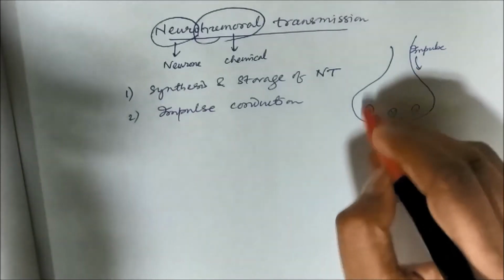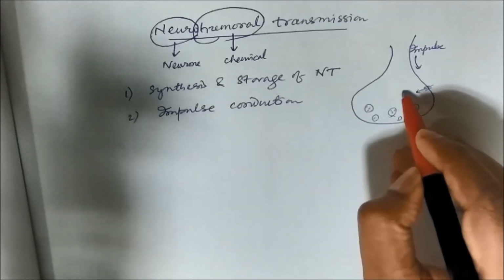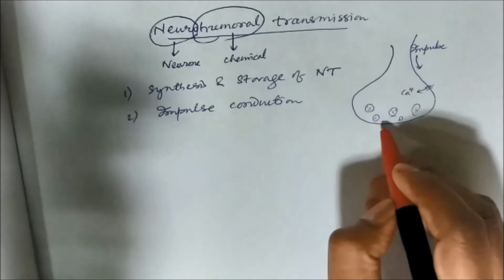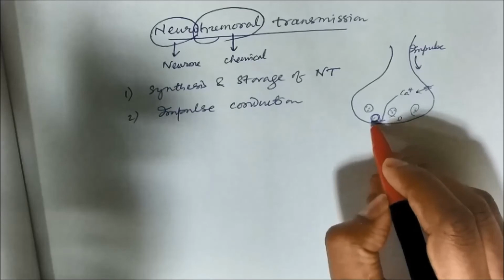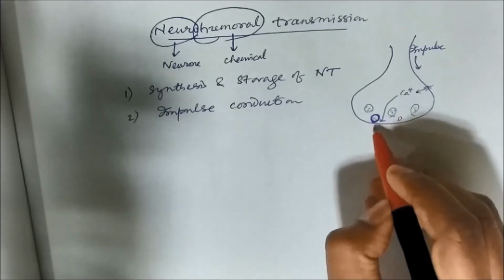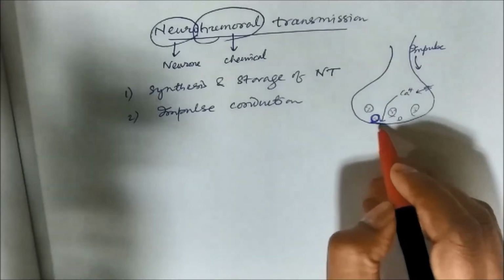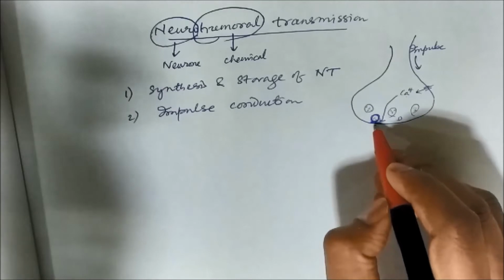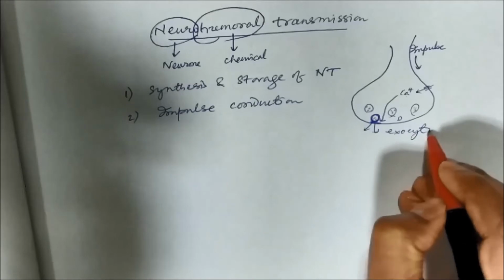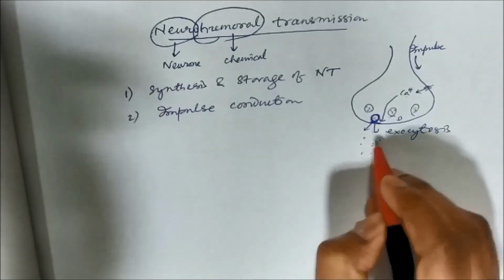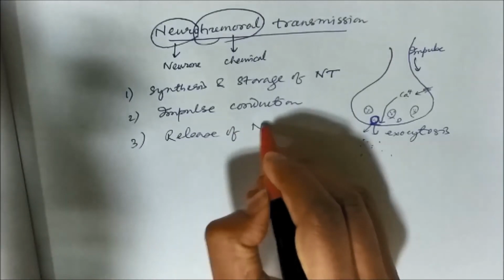And when this impulse is conducted at this nerve ending, there will be opening of the calcium channels, and this calcium causes fusion of the membrane of the synaptic vesicle with the membrane of the axon terminal. So calcium causes fusion of these two membranes, and there will be exocytosis and release of the neurotransmitter. So the third step is release of neurotransmitter.